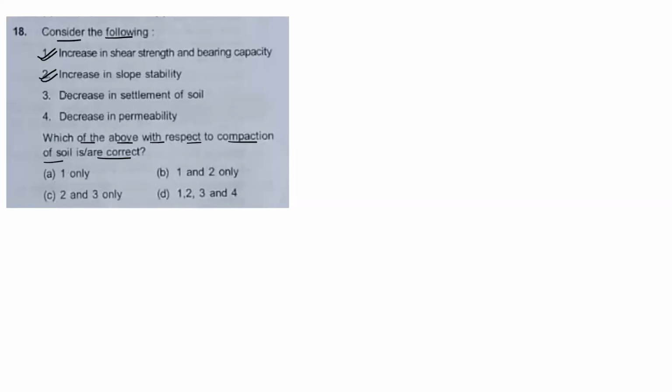Yes, this is also true. Decrease in settlement. Yes, if you compact the soil, the volume of void decreases and the further settlement will also decrease. So this is also true. And decrease in permeability. Yes, this option is also true. So all the statements are true. So 18, option D will be correct.